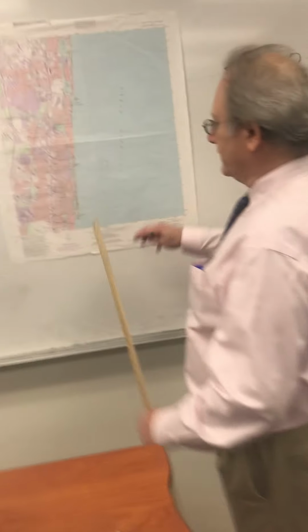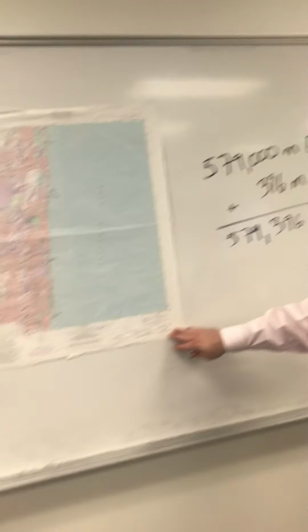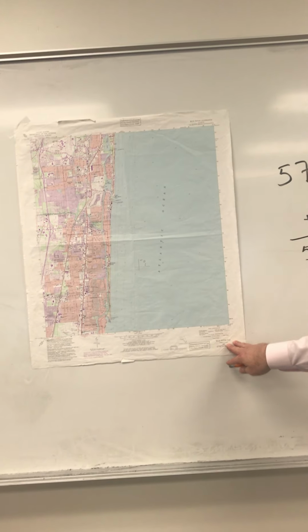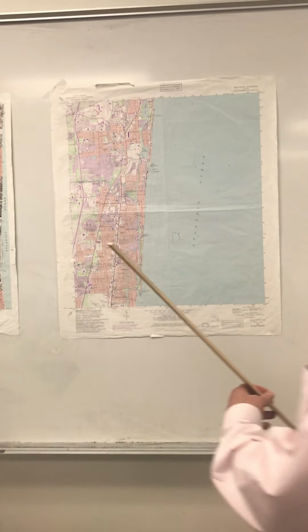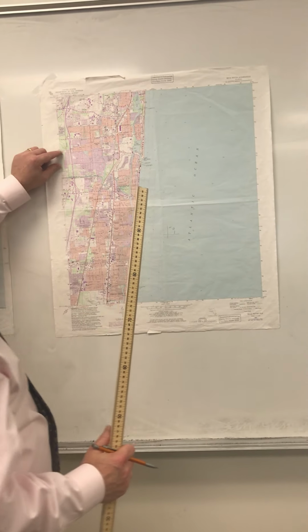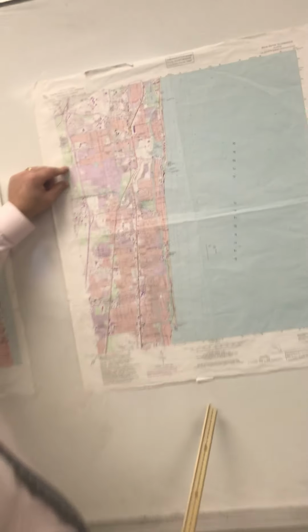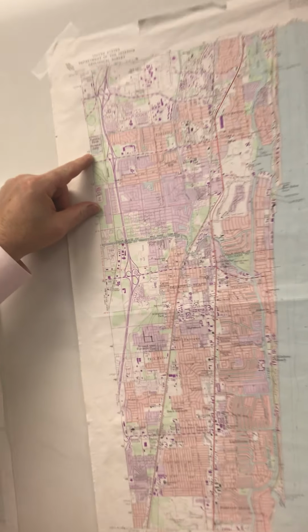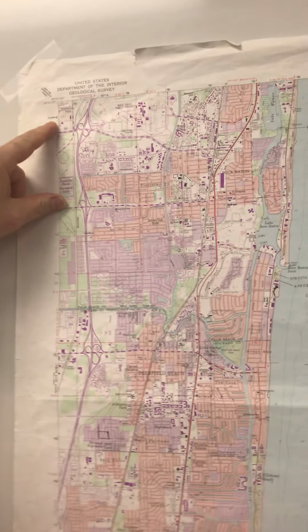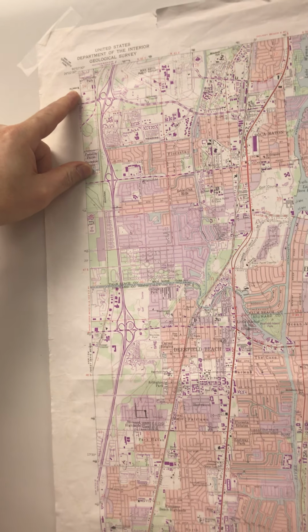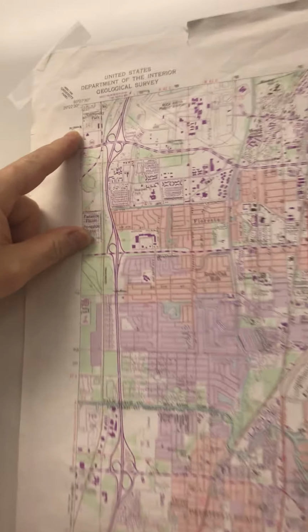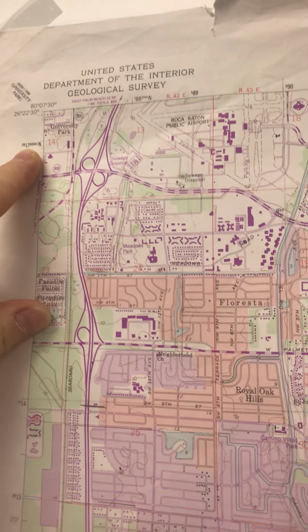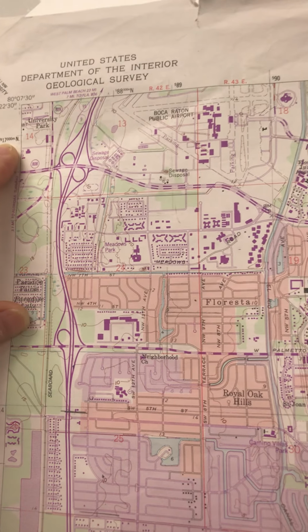So here's a USGS topo map of Boca Raton. I'm actually standing in this map in a sense, right? If you come very close, up in the upper left corner, here's the complete UTM coordinate.